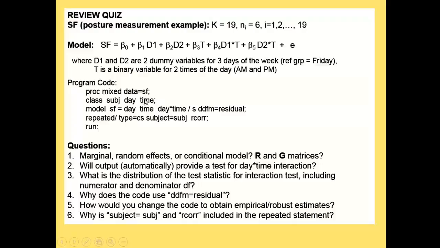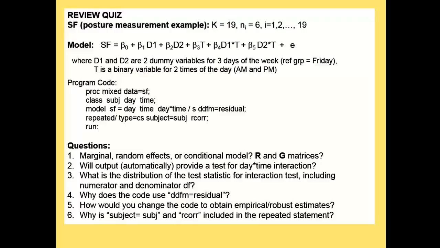Got it? Okay. Why is subject equal to SUBJ and vcorr included in the repeated statement? Why is subject equal to SUBJ included in the repeated statement? Because if you don't put it in, it's not going to deal with correlated data. You have to have the cluster.